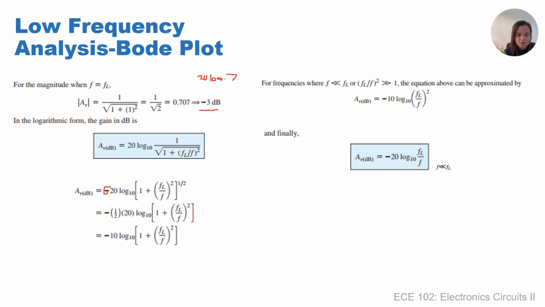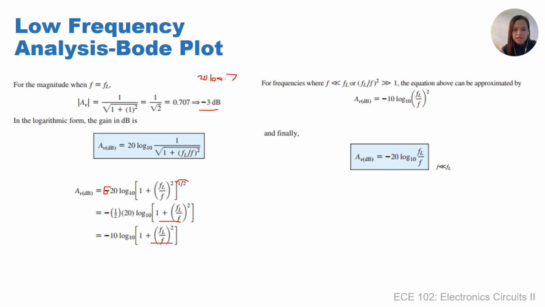So we have negative 20 log of (1 plus (FL over f) squared) to the power of 1/2. By the law of logarithm, we can put the exponent outside the logarithm. So we have negative 1/2 times 20 log 10 of this value. Simplifying again, negative 1/2 times 20, we have negative 10 log of this.